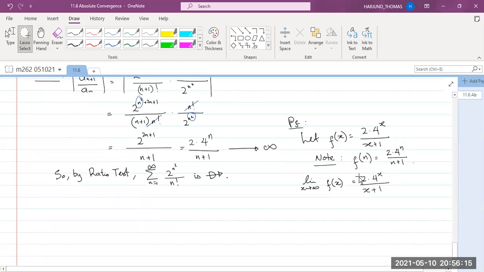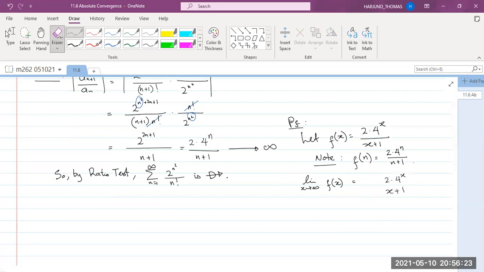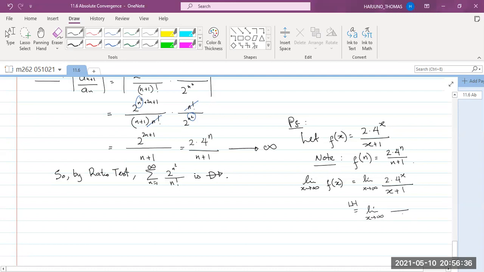Oh, sorry. I forgot the limit here. Then I apply L'Hopital's rule. At the bottom, I have 1. On the top, I get 4 to the x times natural log of 4, which goes to infinity.